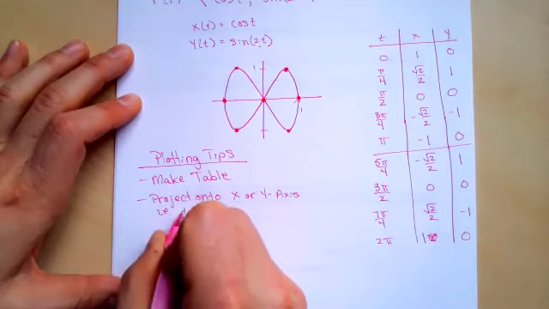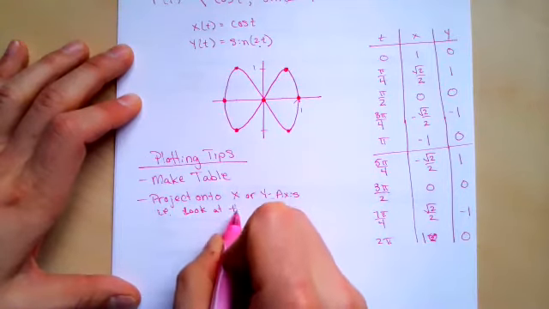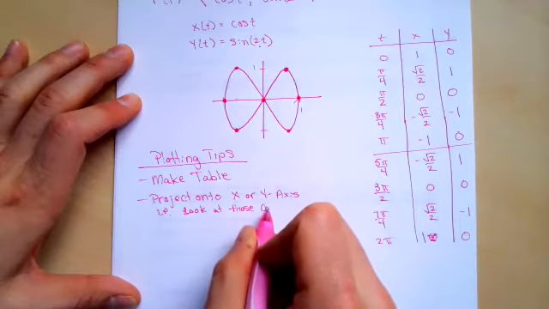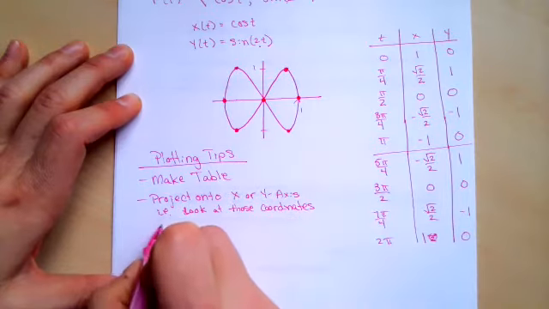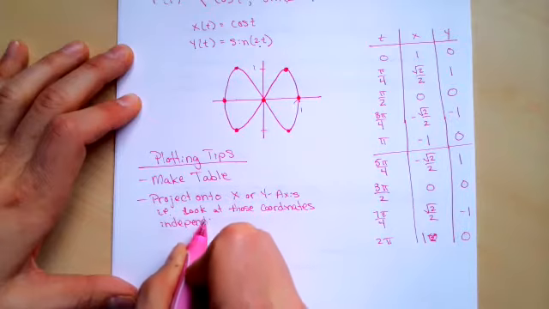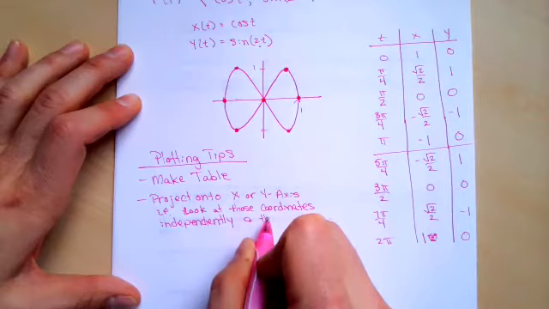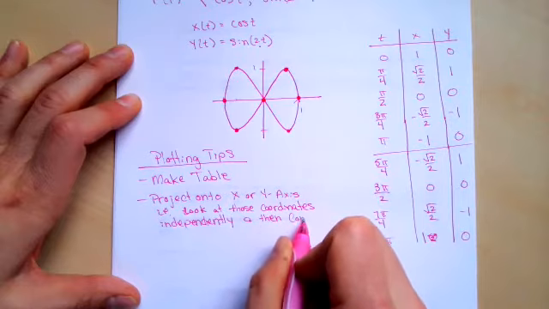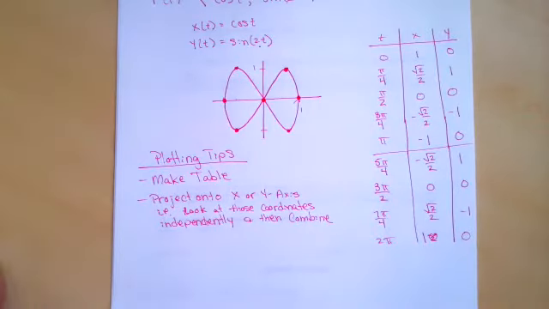So look at those curves independently, and then combine them. It's kind of what we were doing with our previous example, our previous circle.